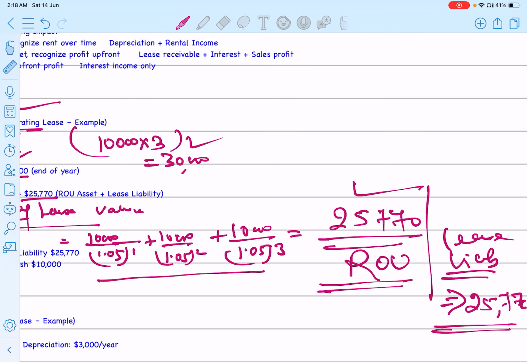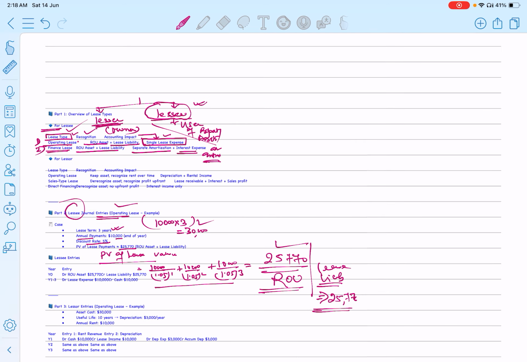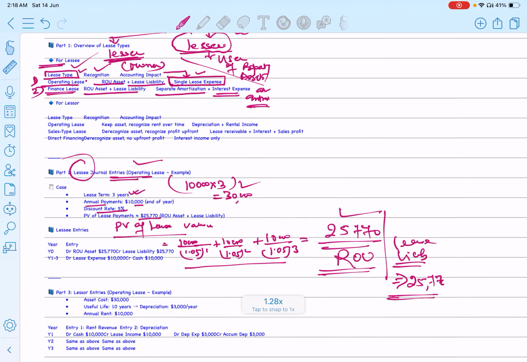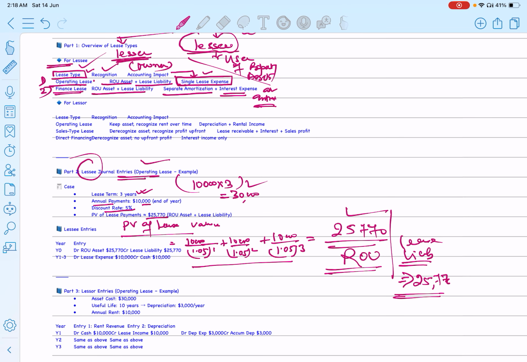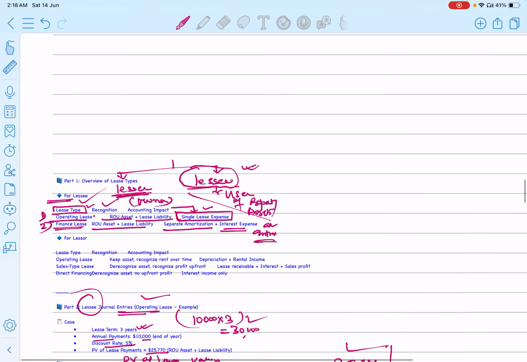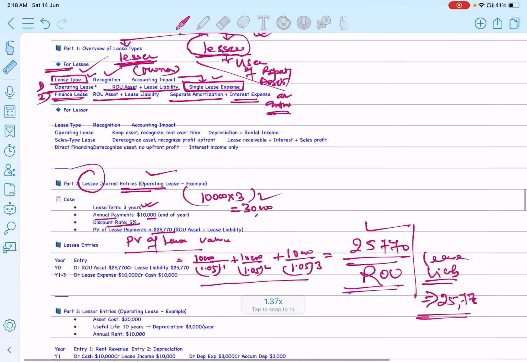Why do we need to calculate this? Sometimes we don't record it, it stays off balance sheet. We create some obligation, but we don't take it into the balance sheet. So to curb that problem, the IFRS or ASC accounting standards came with the solution that, whatever the type of lease, you need to bring it to the balance sheet so that users of financial statements can easily understand.